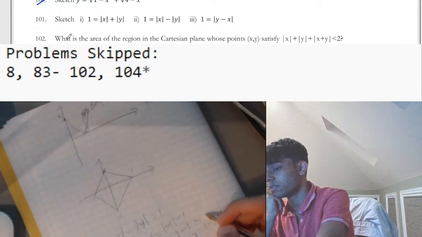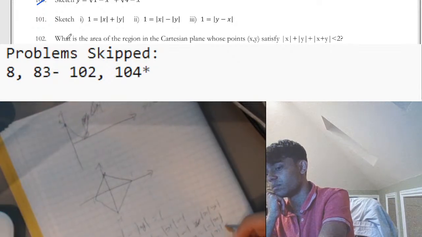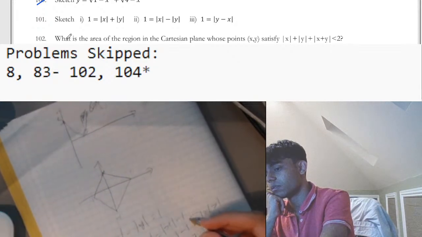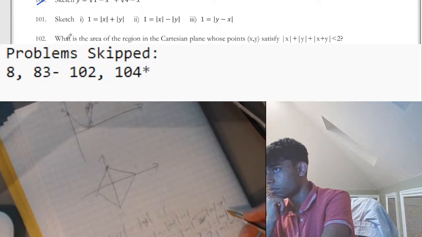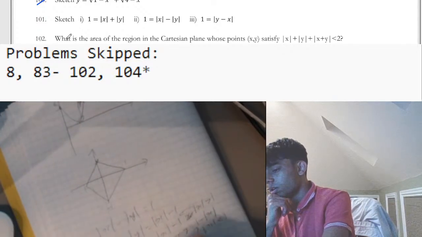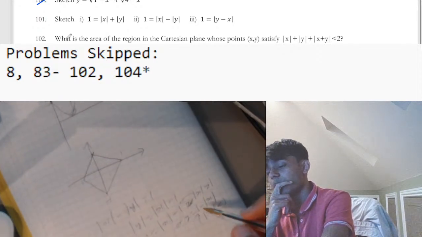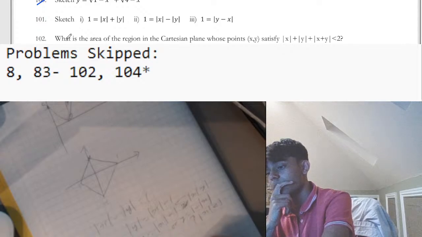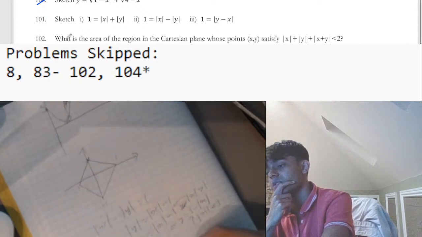If mod x is bigger than 1, this one's true. If mod x is less than 1, this one's true. Oh my days. Okay, so if x is bigger than 1, then it's going to be x minus 1, so it's going to be like this.